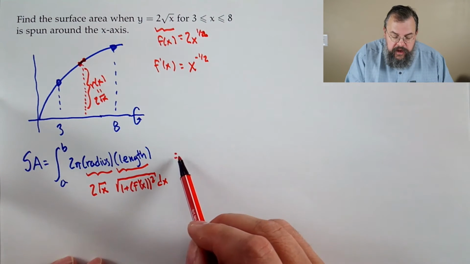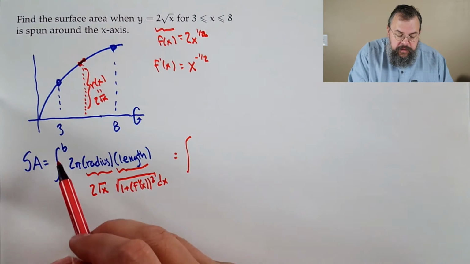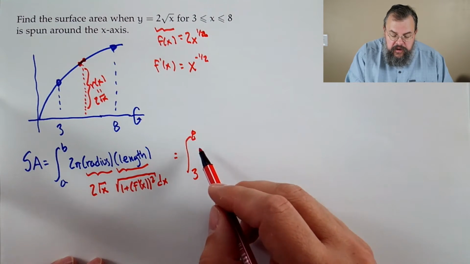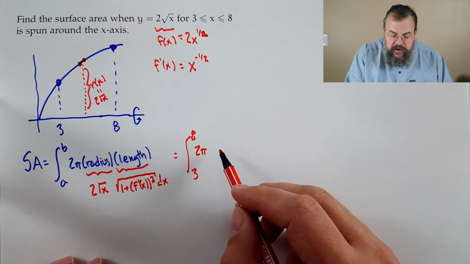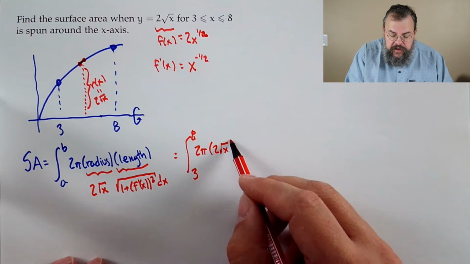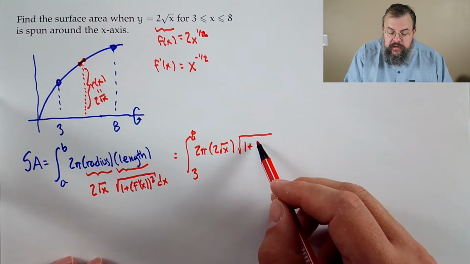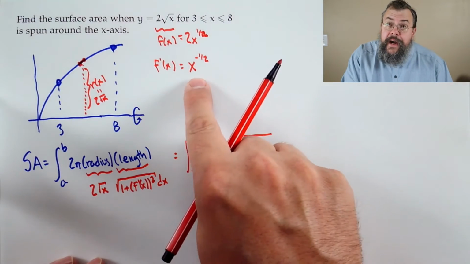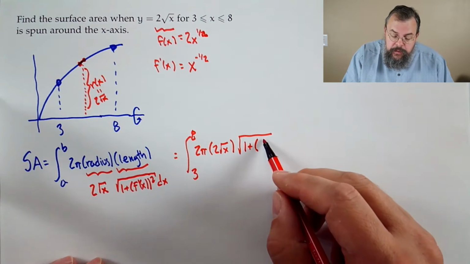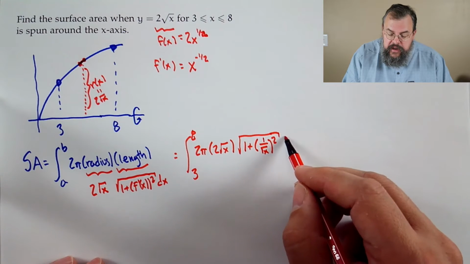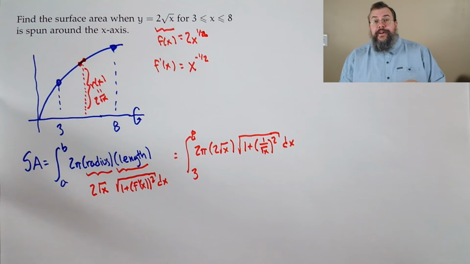So we have integral a to b becomes 3 to 8. And then 2 pi, always there, 2 root x, our radius, and then the square root of 1 plus. Now x to the minus 1/2 is another way of saying 1 over the square root of x, squared. And there we go.